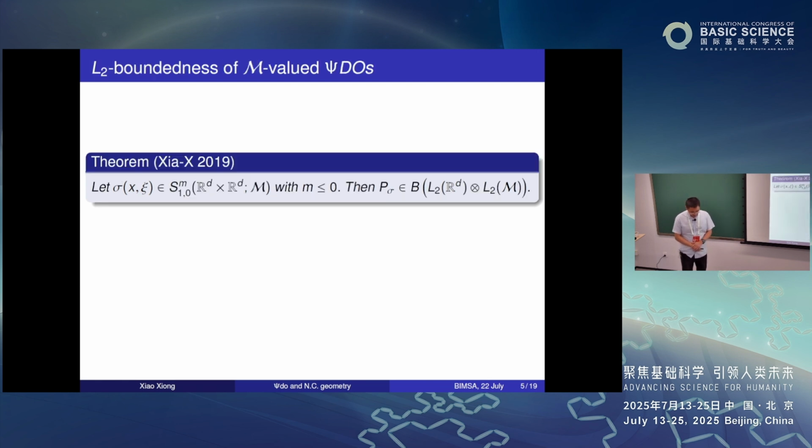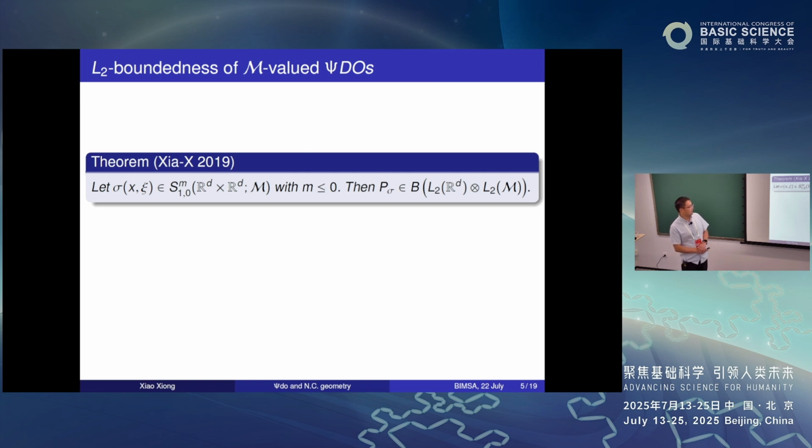Okay, another thing is about boundedness. We have an order m for every symbol sigma. If this order m is not positive, then we are able to show that the pseudo differential operator is bounded on L2.